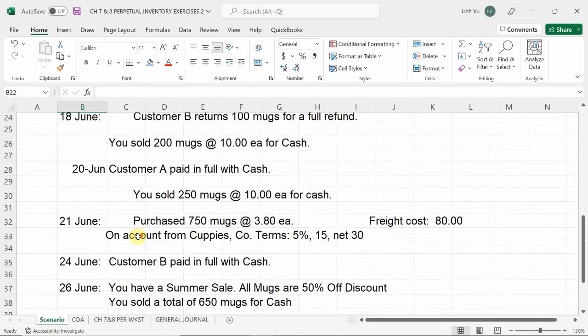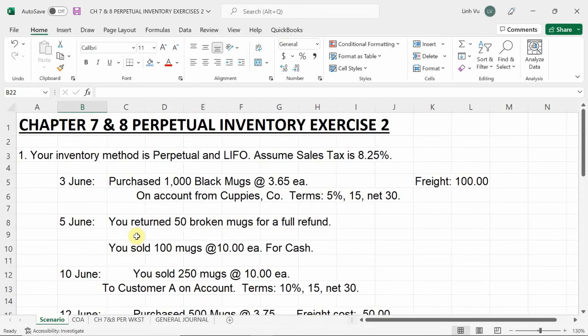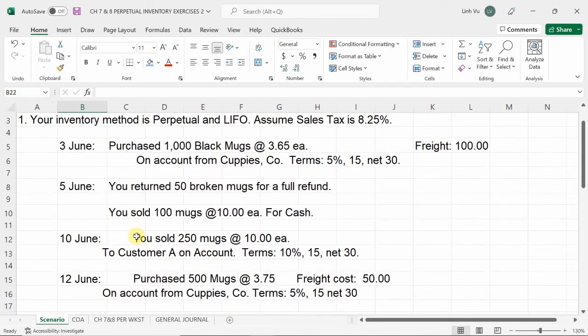So let's take a look at my first bill that I purchased, right? So here on June 3rd, I purchased 1,000 units. But what happened is I end up returning 50 of them. So I only got 950 units. Now here's your question. Did I meet my discount terms? If I decided to pay at the end of the month, June 30th.